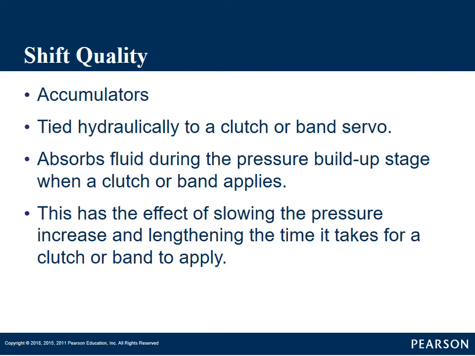As fluid is filling the cavity to apply that band or servo, that's our pressure buildup. That's our length of shift. It absorbs some of that fluid pressure, you might say, to help smooth out that engagement in that clutch or band. And that lengthens the time so it's not too short and too harsh.